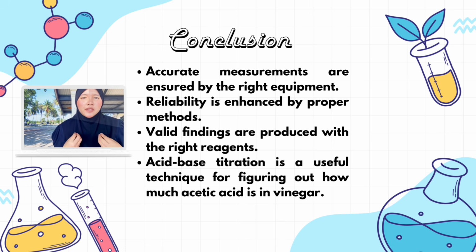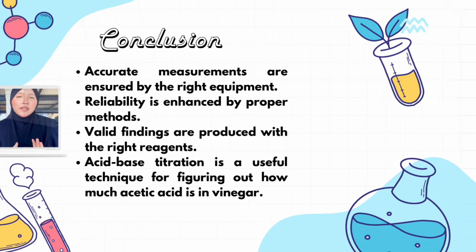Through the determination of acetic acid concentration in vinegar using acid-base titration, we can see how analytical balance, volumetric glassware, titration technique, and chemical reagent work together to produce accurate and reliable results. Therefore, good laboratory practice is essential for successful chemical analysis.